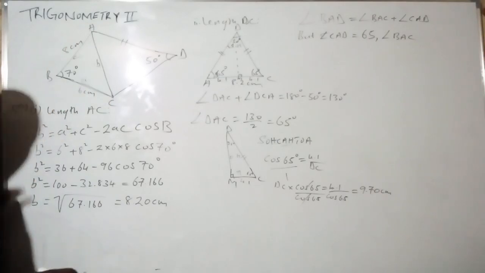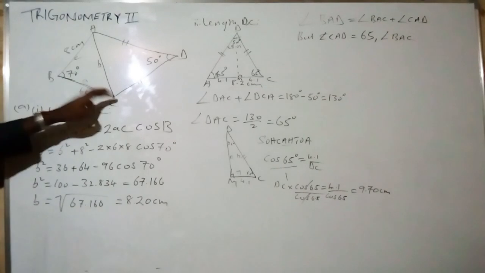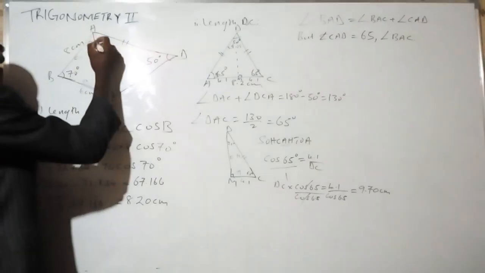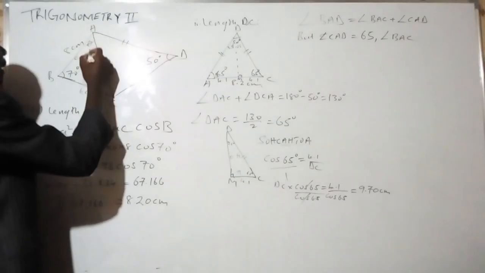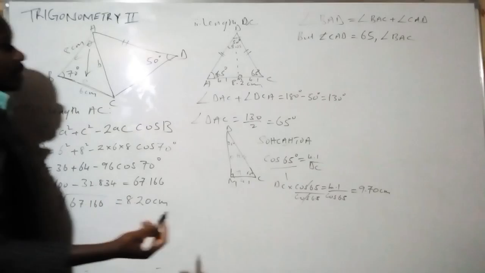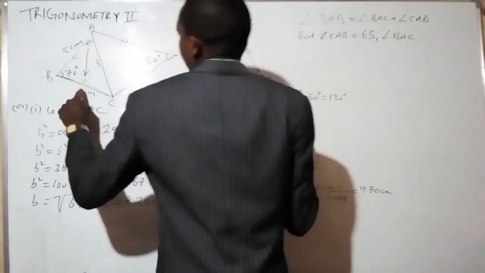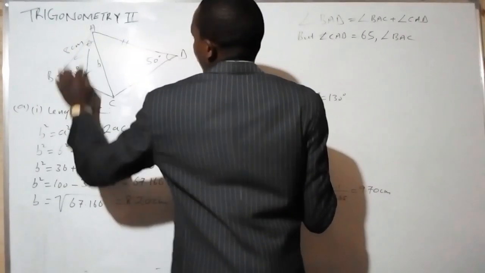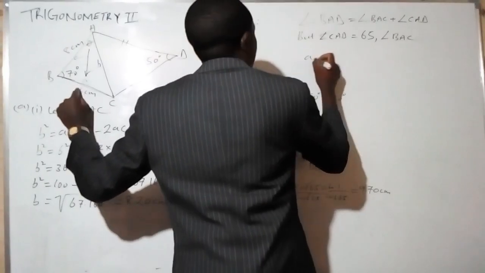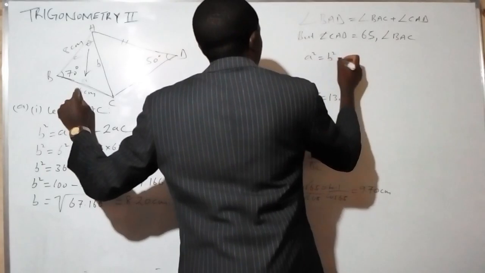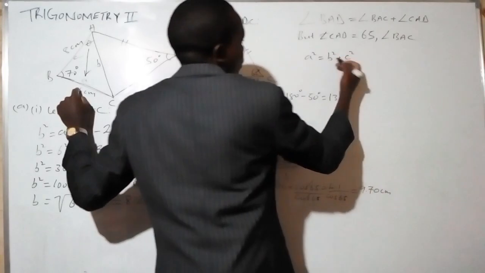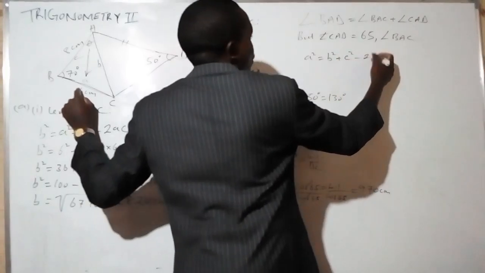So you can get BAC, and this angle again will move to this side. We are going to use the cosine rule again because we want this angle here: A squared is equal to B squared plus C squared minus 2BC cos A.